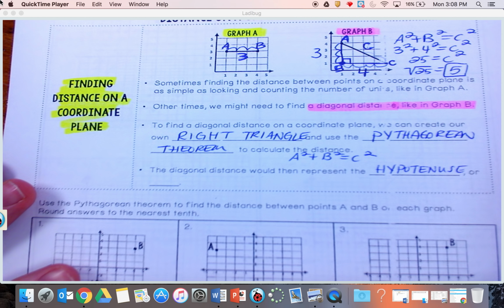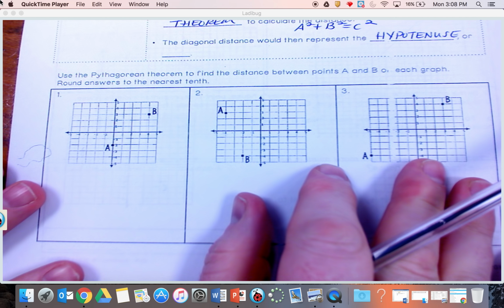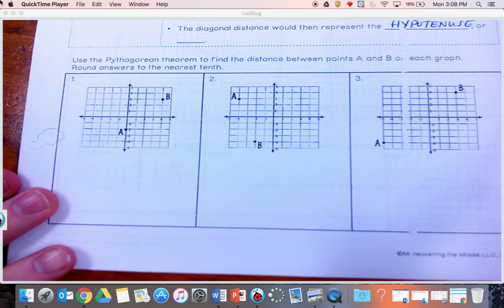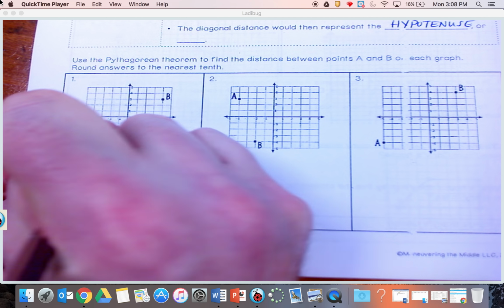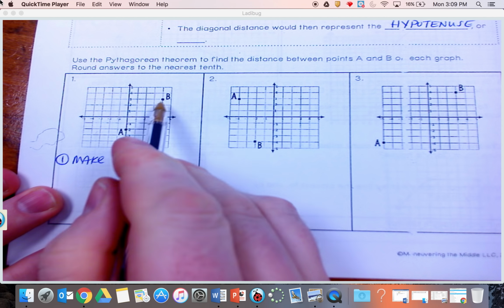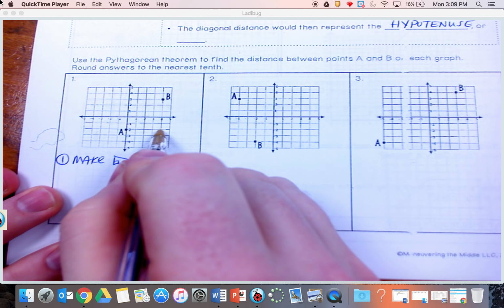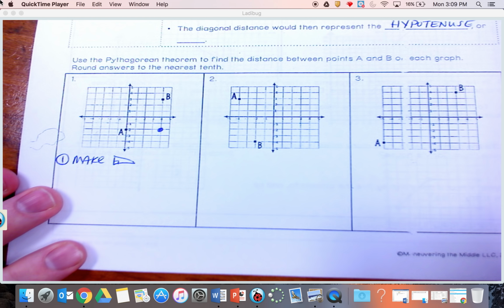Okay? So let's take a look here at number 1. If I'm going to do number 1 here, I'm going to do the same thing. I'm going to use my steps. The first step is I'm going to make a right triangle. So I have A and B. I'm going to find where I can put it, and I can put it right there. Okay?